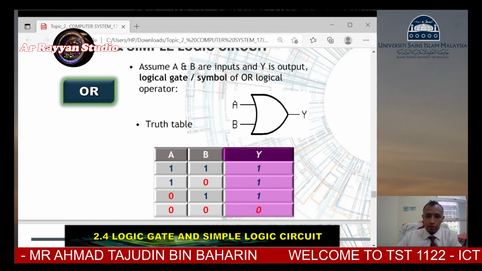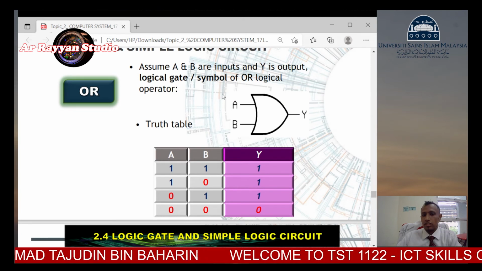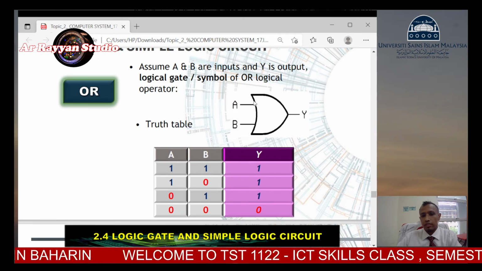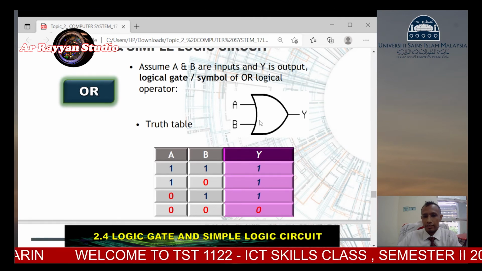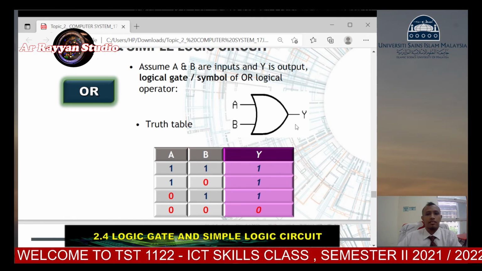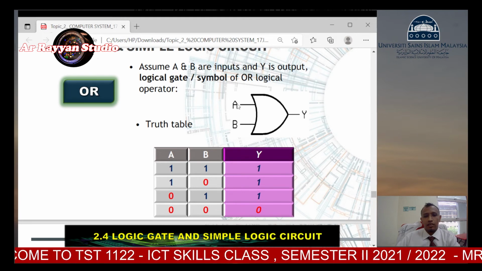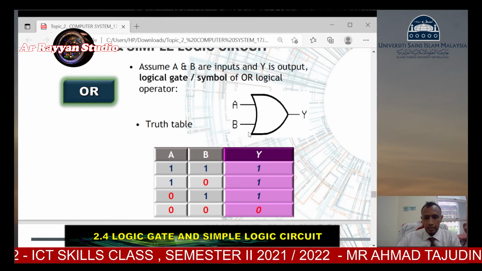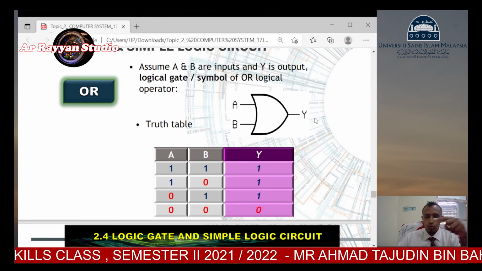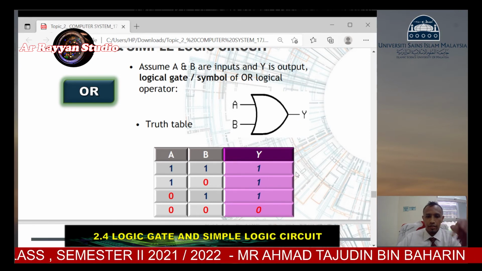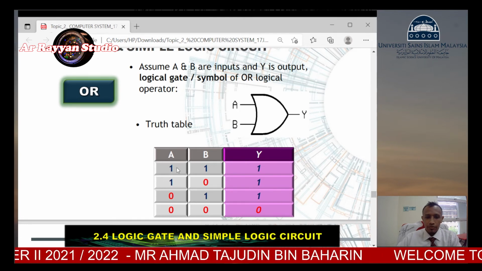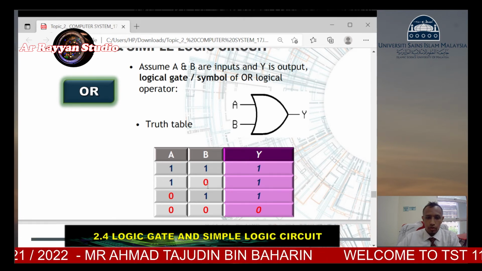Alright, look at this is the logic gate of OR. Okay, yang tadi AND dia lurus kat sini kan. So OR dia ada lengkung sikit. Alright, so A or B, they have two input A and B, and then output only one is Y. So it will present on the truth table. We have 1100, we have 1010.